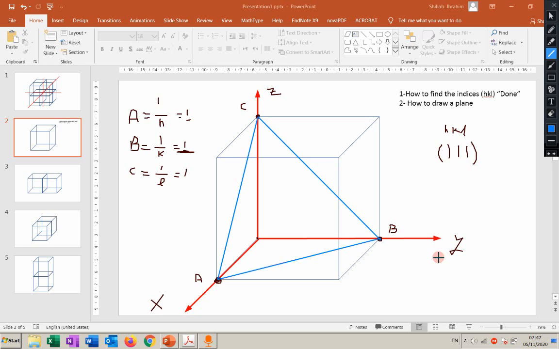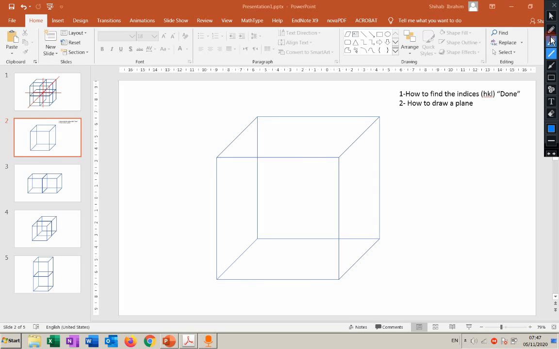Now, let's still do something with the triangle. Let's say this time I have another one, which is minus 2, 2, 3. I'm going to find the intercepts A, B, C: the intercept with the x-axis, the y-axis, and the z-axis. 1 over minus 2 is going to be minus 1 over 2.